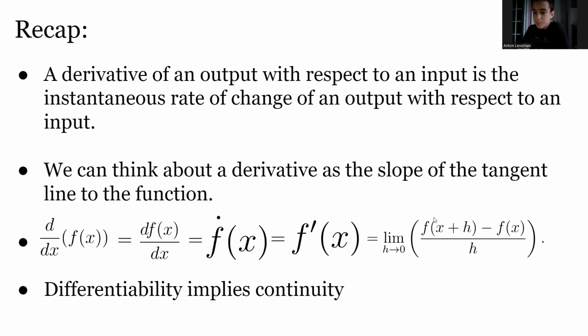Because of that, we can use the rise over run definition and find the limit as those points get infinitely close to each other. And then we can actually define a tangent line and talk about derivatives.